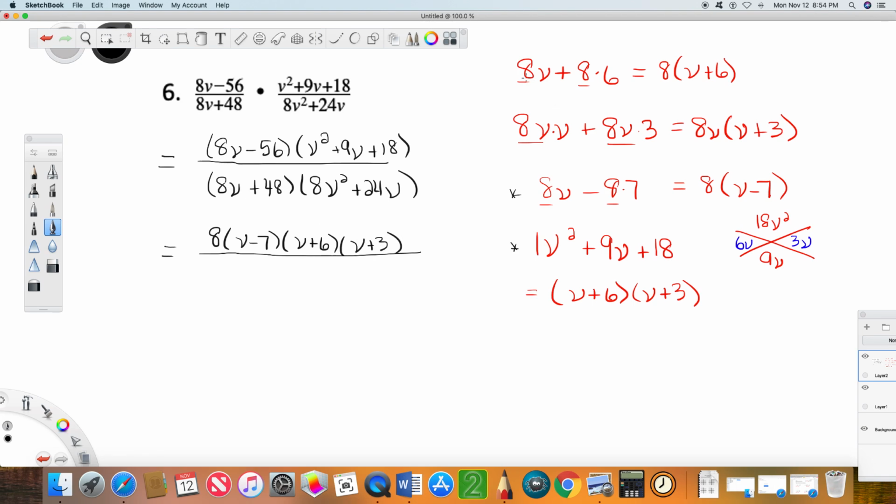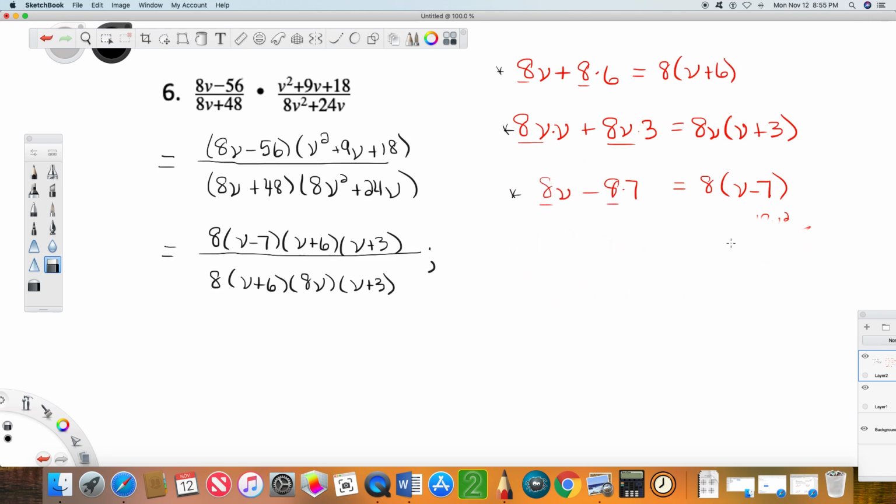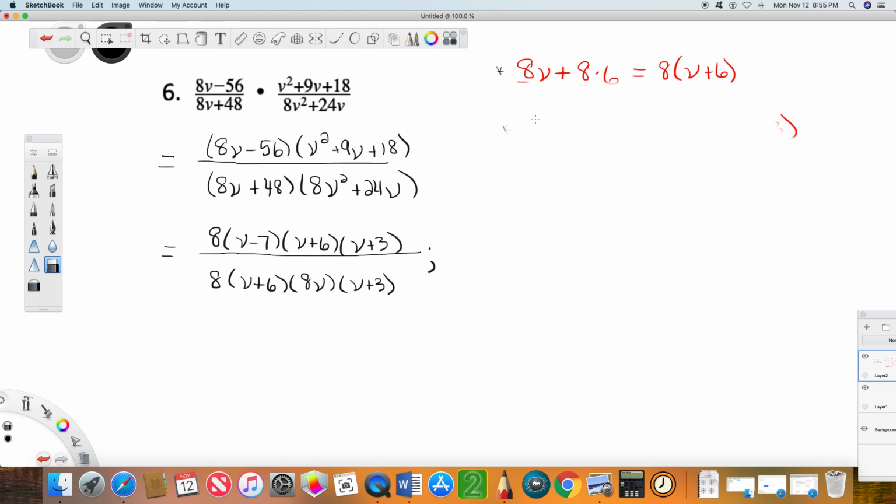In our denominator, the 8v plus 48 factors to 8 times v plus 6, and the 8v squared plus 24v factored to 8v times v plus 3. All right. I'm going to erase all this because I need some room to write my restrictions, and I'm done with all that scratch work anyway.